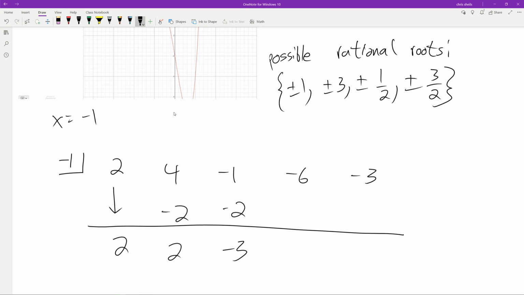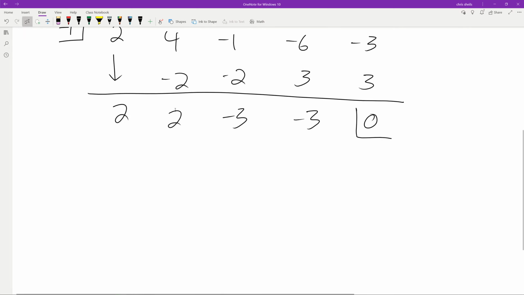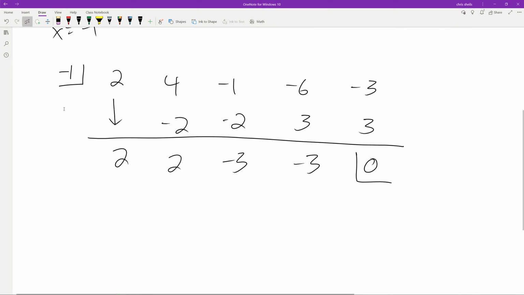Times -1 is +3. -6 plus 3 is -3. -3 times -1 is +3. And -3 plus 3 is 0. So x equals -1 is in fact a root of this polynomial.